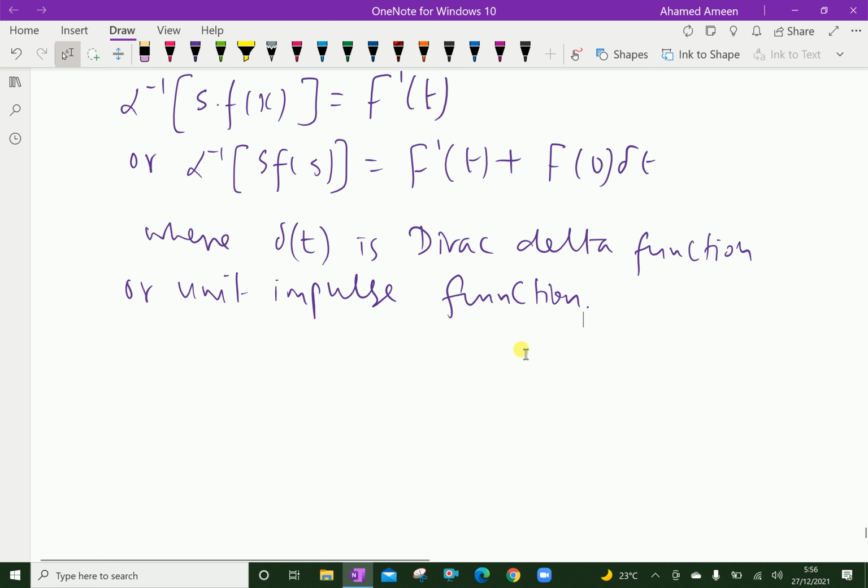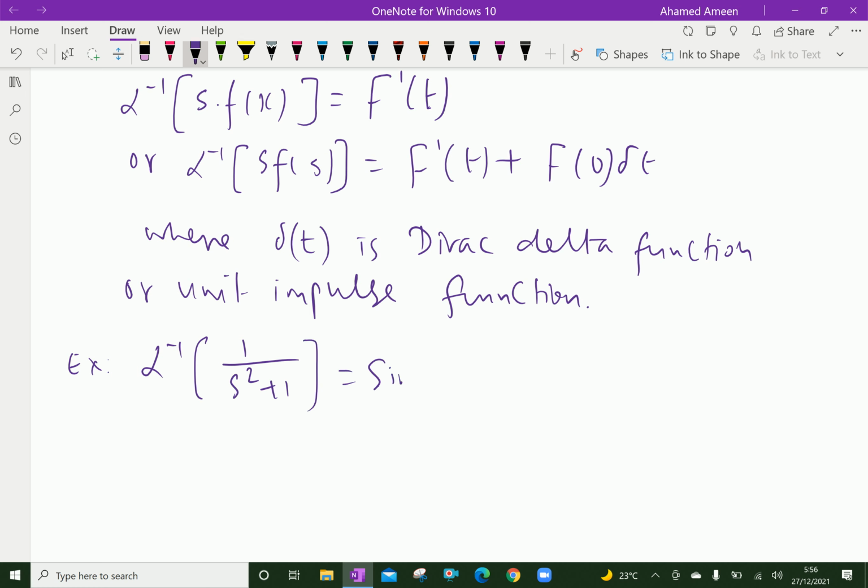Here we'll do some examples. Inverse Laplace transform of 1 over s square plus 1, we know that it is sine t, and f of 0, that is sine 0, equals 0.